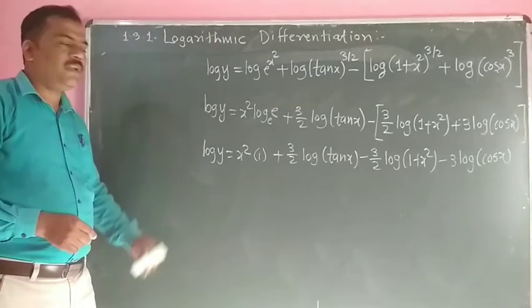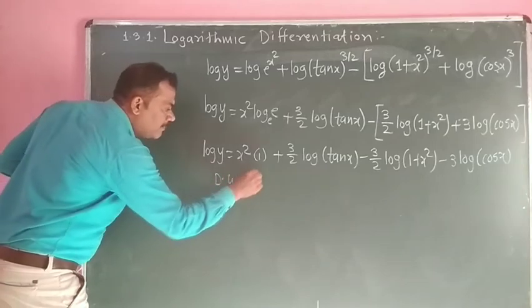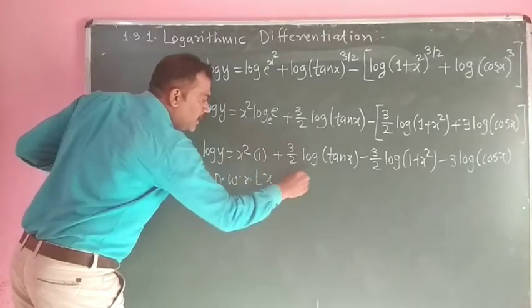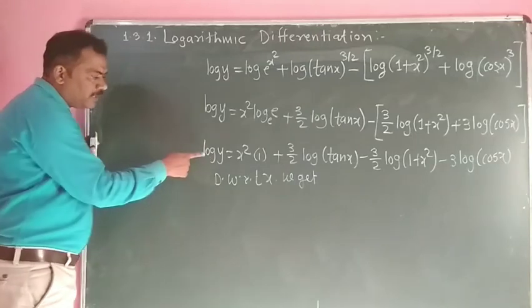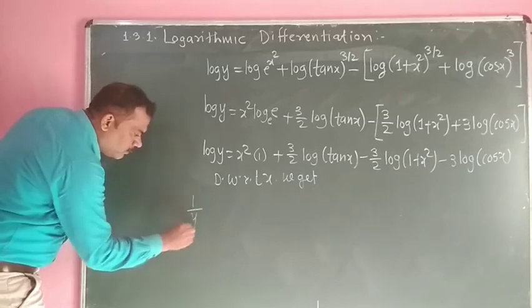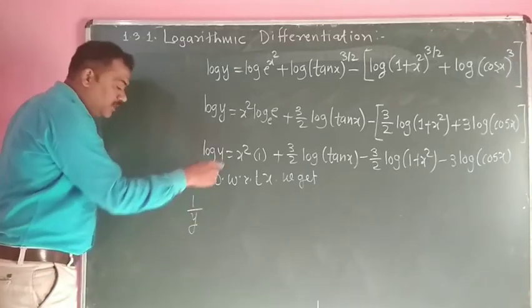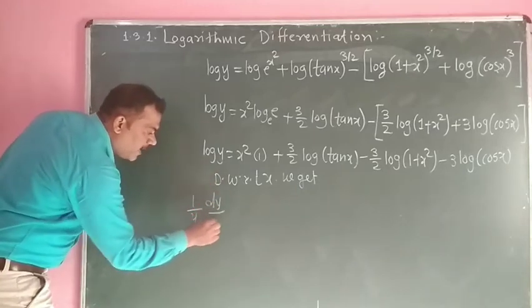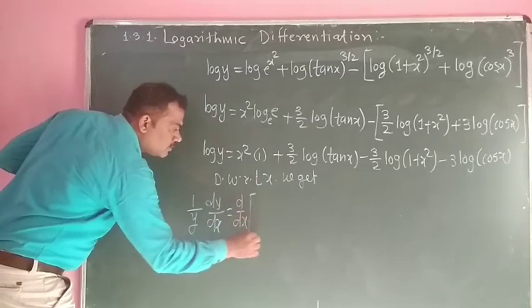Now we have to differentiate with respect to x. First we have to keep the finger on the log. What is the differentiation of log? 1 upon y into differentiation of y with respect to x, that is dy by dx, is equal to d dx of this whole RHS.